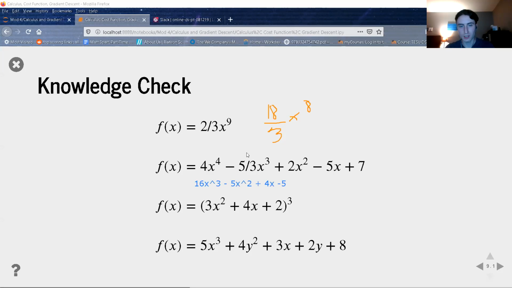Alrighty, what do we think? Does that look correct? Looks good to me.